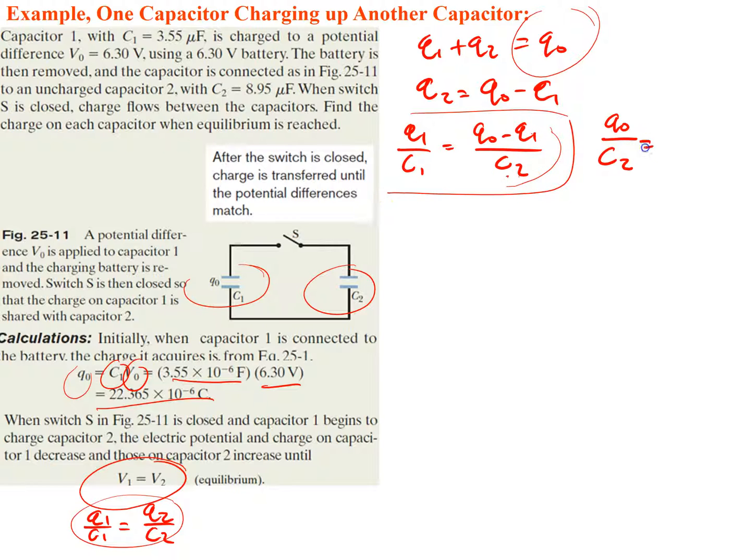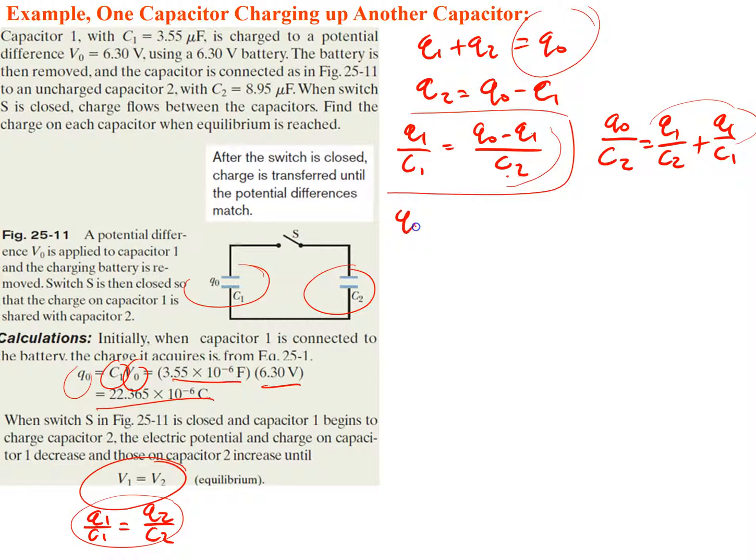When I do that, you get Q1 over C2 plus Q1 over C1. Again, I'm going to solve for Q1, so I want to simplify these together.